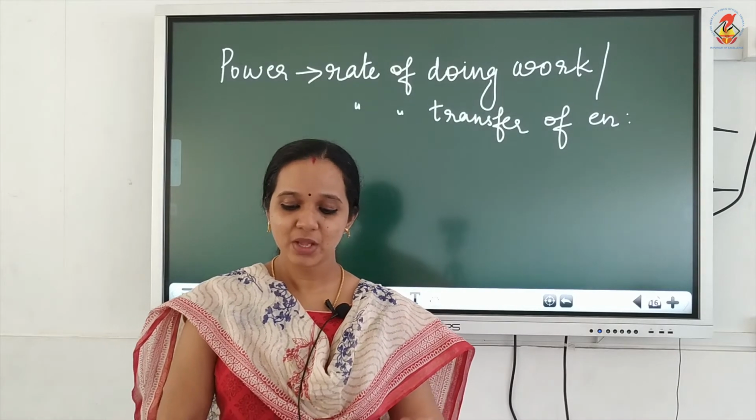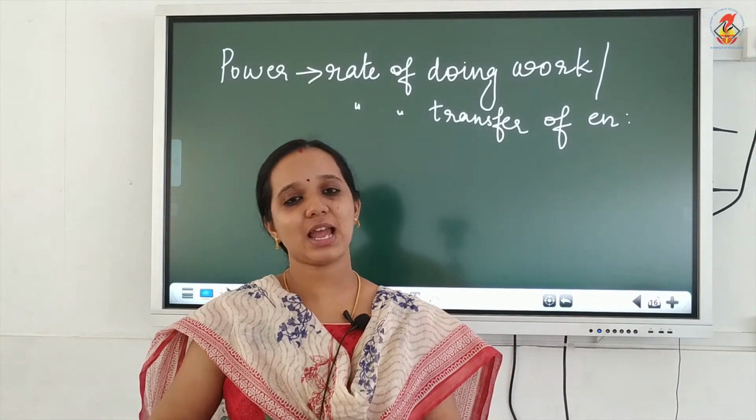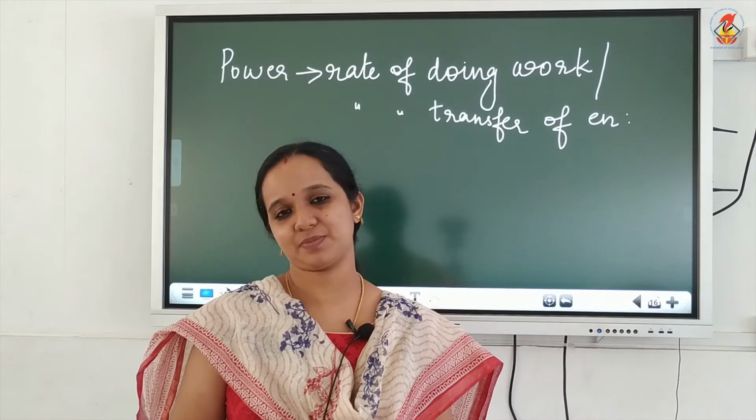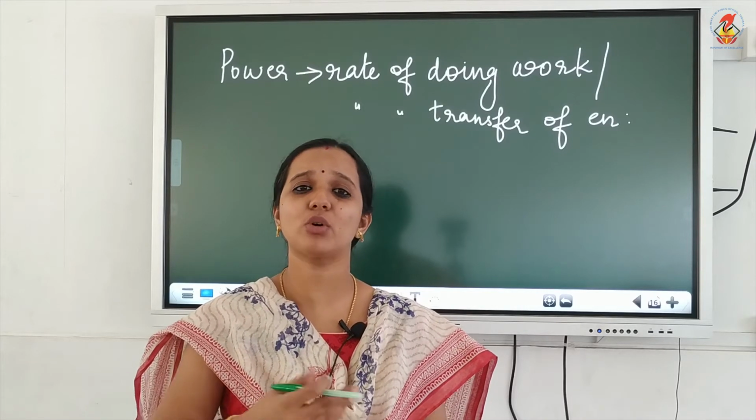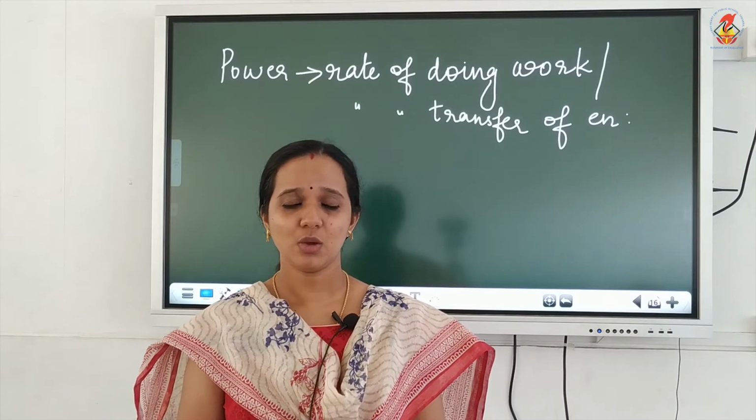For example, take a person who is on a bicycle and another person who is on a bike, and you are asking both the persons to reach a particular destination. What will you observe?